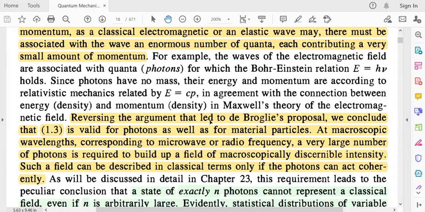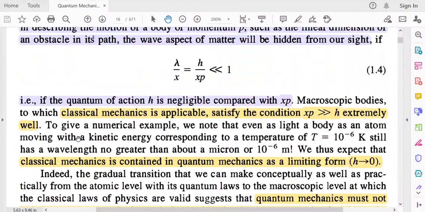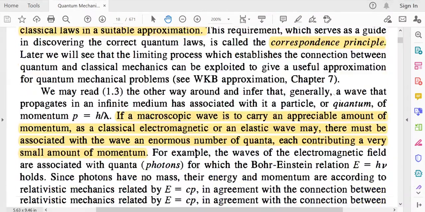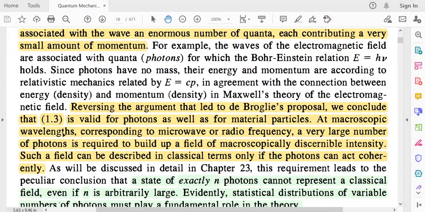Reversing the argument that led to de Broglie's proposal, we conclude that equation 1.3 means that de Broglie's equation is valid for photons as well as for material particles, because we have already discussed that the law is universal in nature.